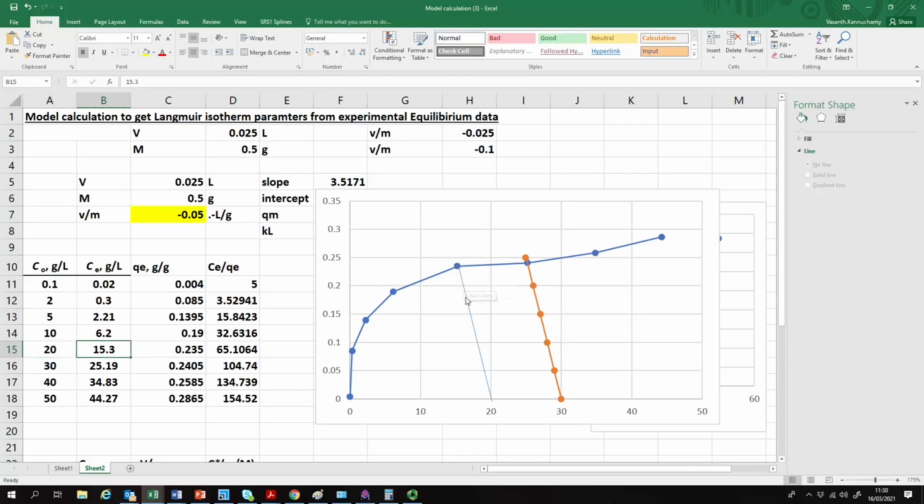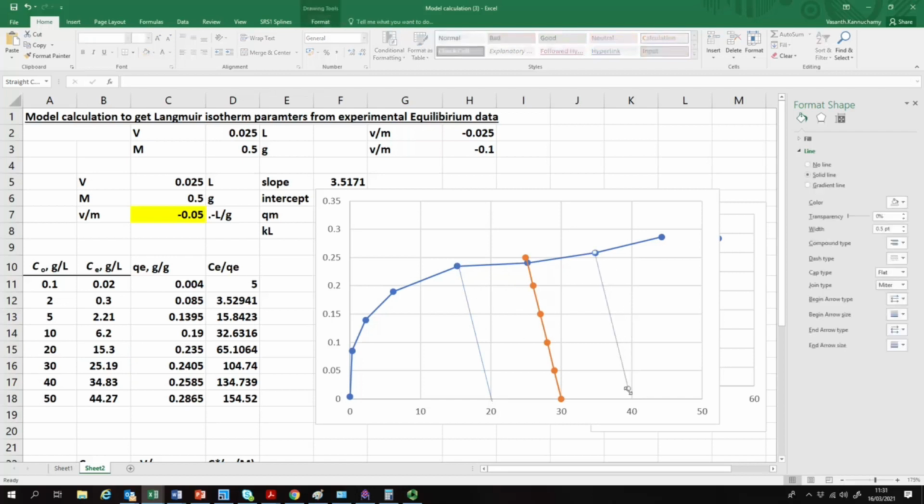All these are operating lines. The line that connects your initial concentration with your equilibrium concentration should have a slope of minus V by m, and if you perform the experiments all with the same volume to mass ratio, then these lines will be parallel to each other.